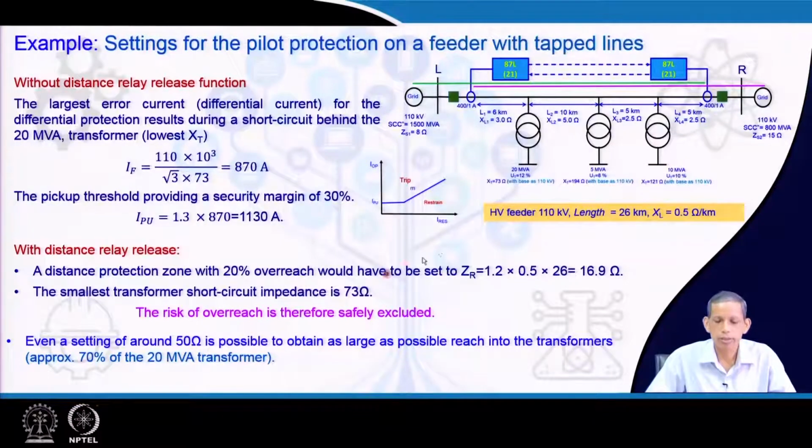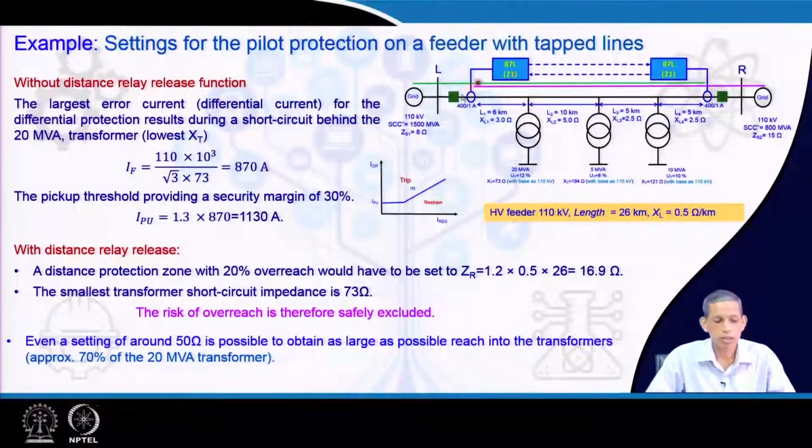Therefore, a fault beyond the transformer will never be seen by the relay, which means it will see faults in this line. Even if we take a higher value than 16.9, absolutely no problem.